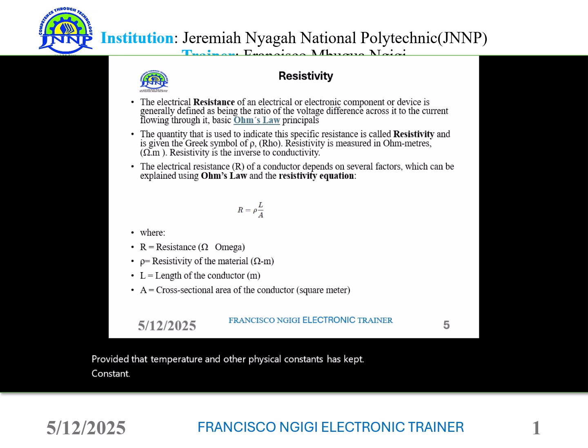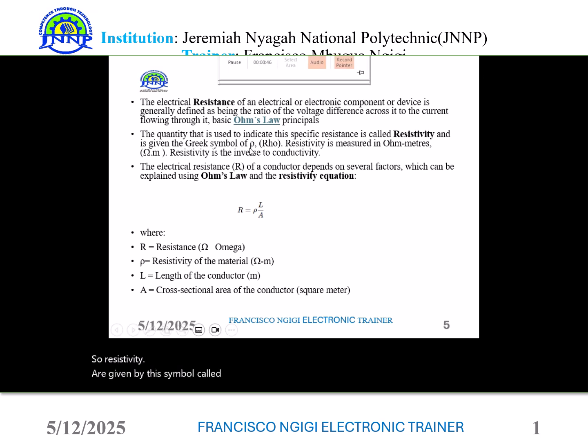So resistivity, given by this symbol called rho, is measured in ohm meters, and resistivity is the inverse of conductivity.